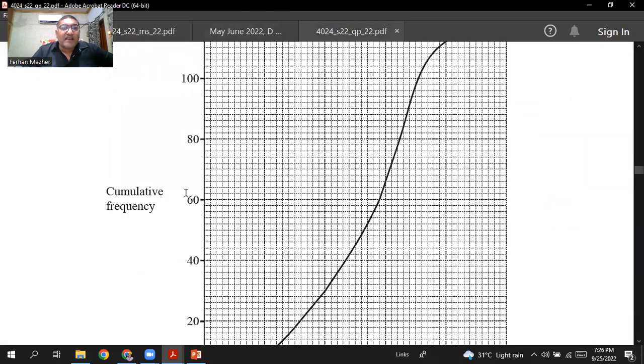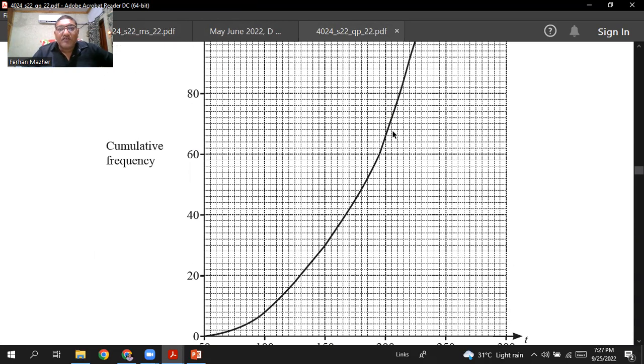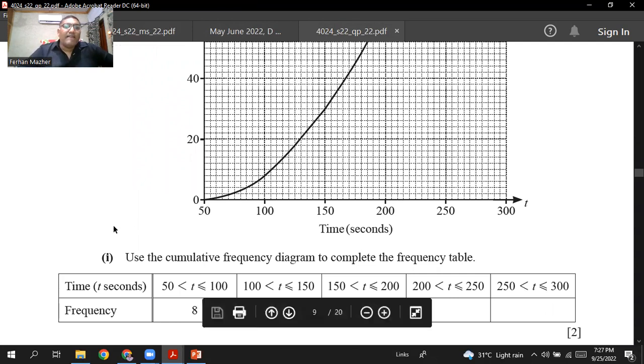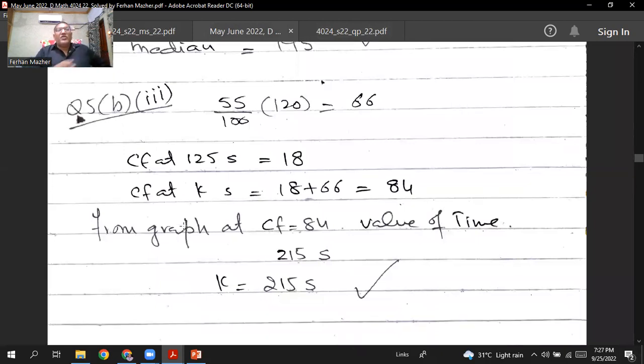So on the y-axis, where is 84? 1 and 2, 84. Okay, so I will check what is the value here. That is k. It's 3 squares to the right of the 200, so it will be 215, and so the k value is 215.